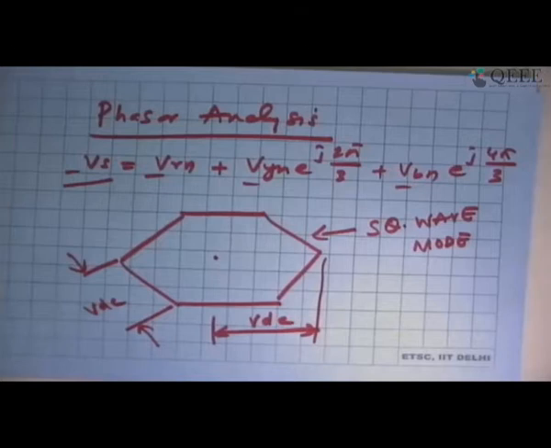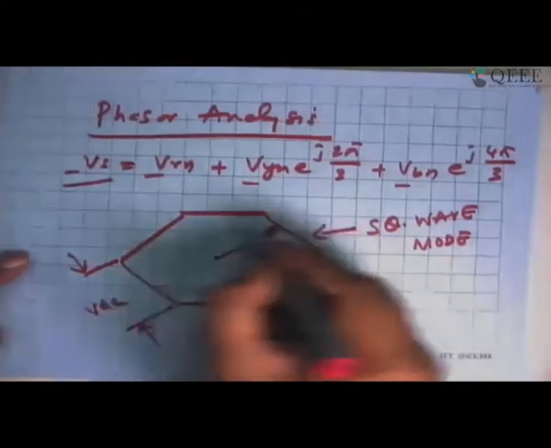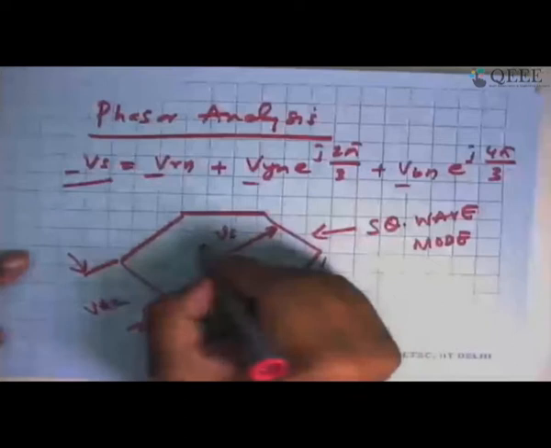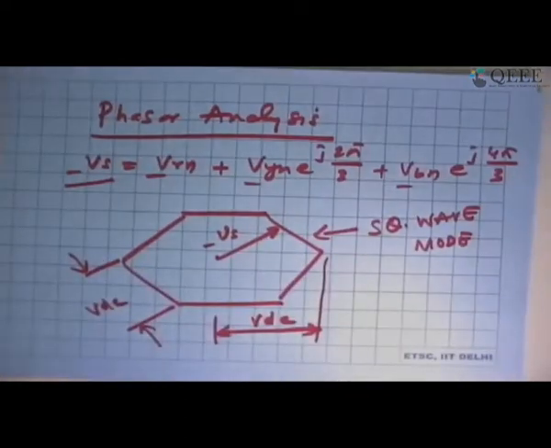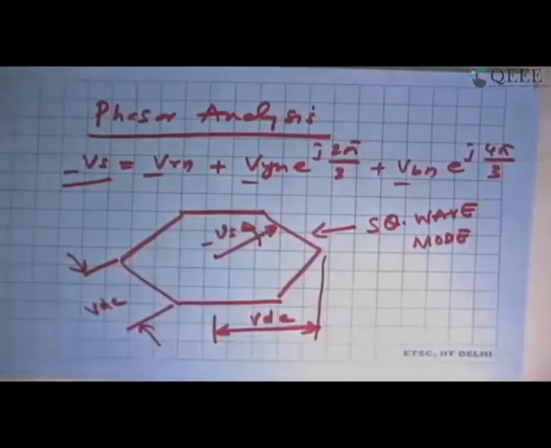If we apply sine triangle modulation, basically this is nothing but the trajectory of the resultant vector.